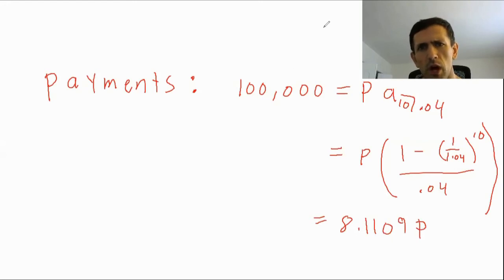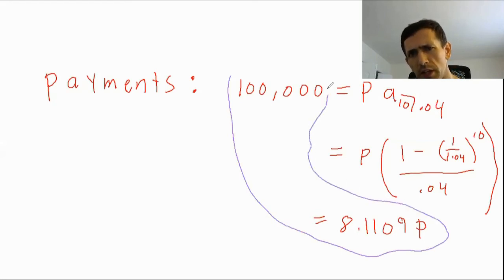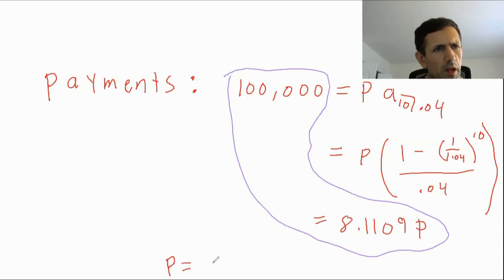So all we do is take this here, divide by 8.1109, and we get P is going to be very simply 12,329.09.